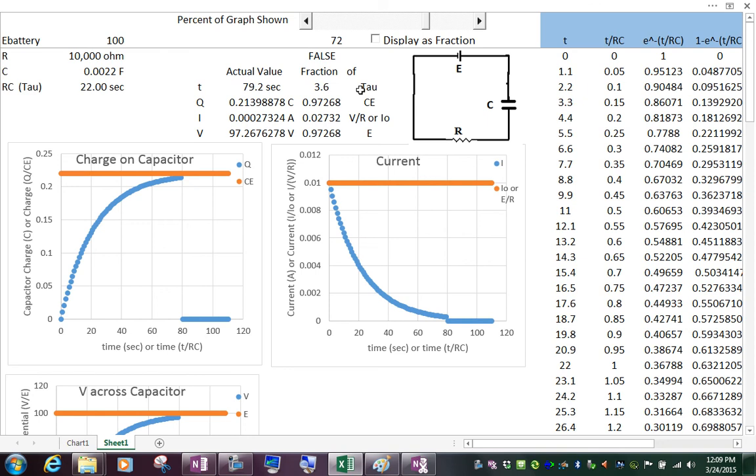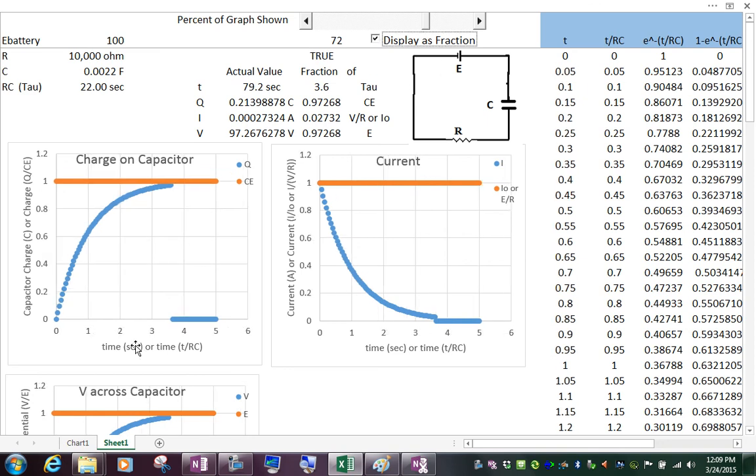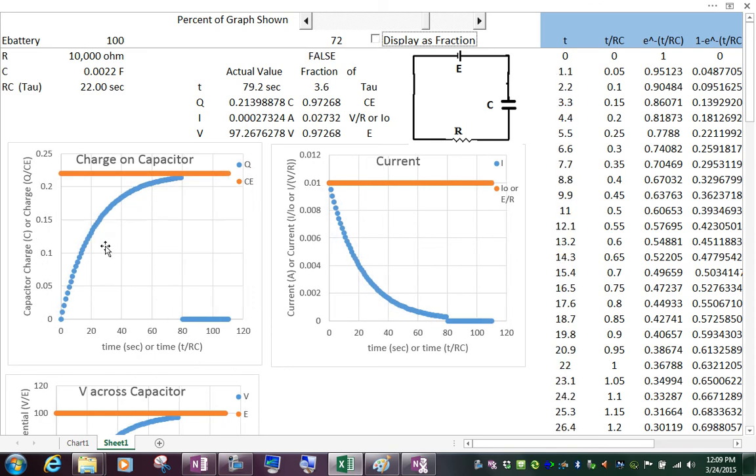Now let's talk for a second about this tau. That's why I have this display as fraction button. So this time, our time constant tau for this particular resistor and capacitor is 22 seconds. So that means at 22 seconds, we've had 1 tau go by. At 44, we've had 2 taus. What does that even mean?